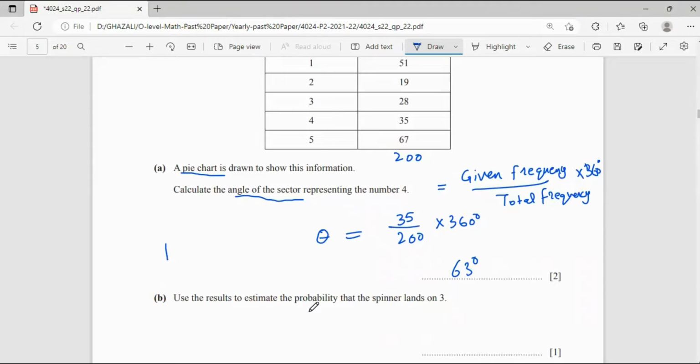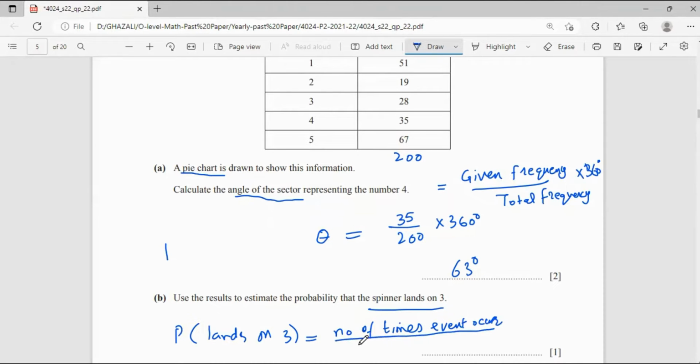Use the result to estimate the probability the spinner lands on the 3. This is the experimental probability. The formula is the probability of an event equals the number of times the event occurs divided by the total number of tries.